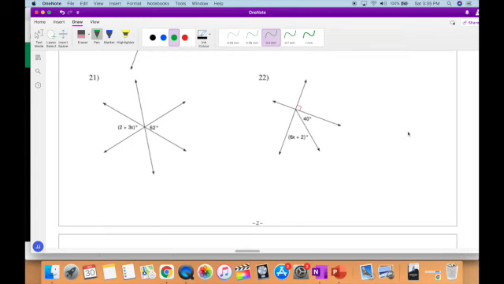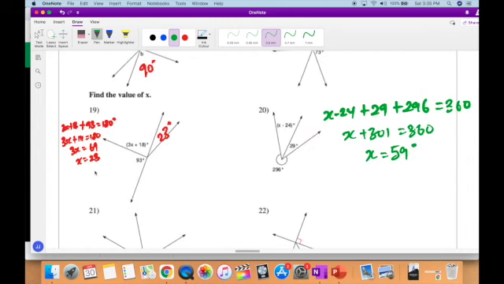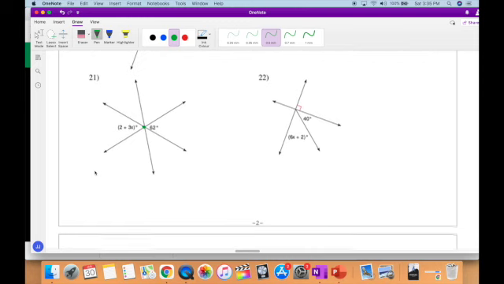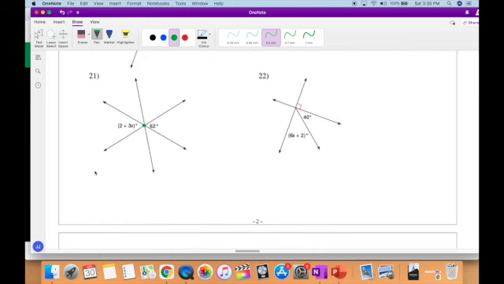Number 21. They are vertically opposite. That means they are equal. 59 degrees. Yes, I had said 49, and my calculator rightfully corrected me.